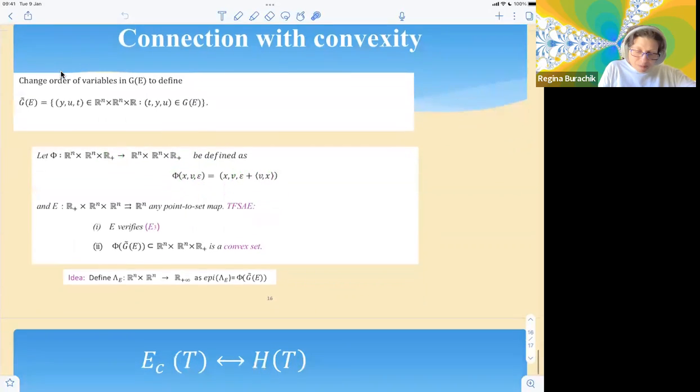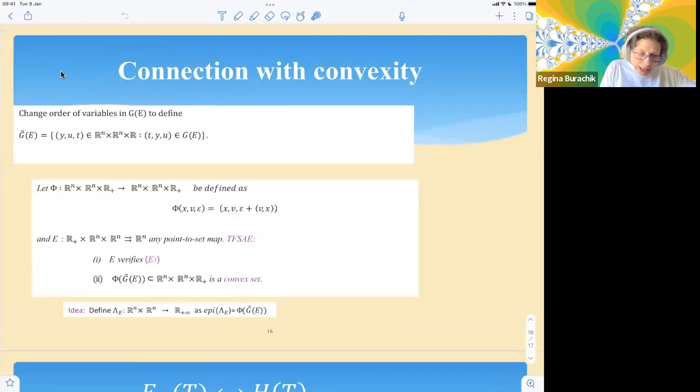And what happens is that for every point-to-set map, the satisfaction of the condition E3 is equivalent to the fact that the image of phi over this permutation of the graph is a convex set, right?